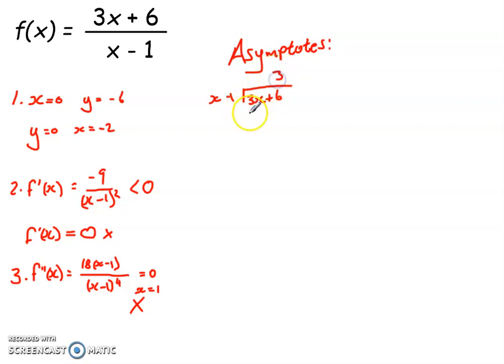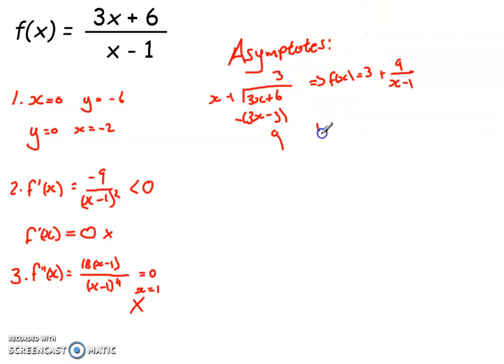What I end up getting is 3 there. I then get 3x - 3, subtract them from each other, and I get 9. So I can then write f(x) equal to 3 + 9/(x - 1). From that, I can now get my vertical and my non-vertical or oblique asymptotes.